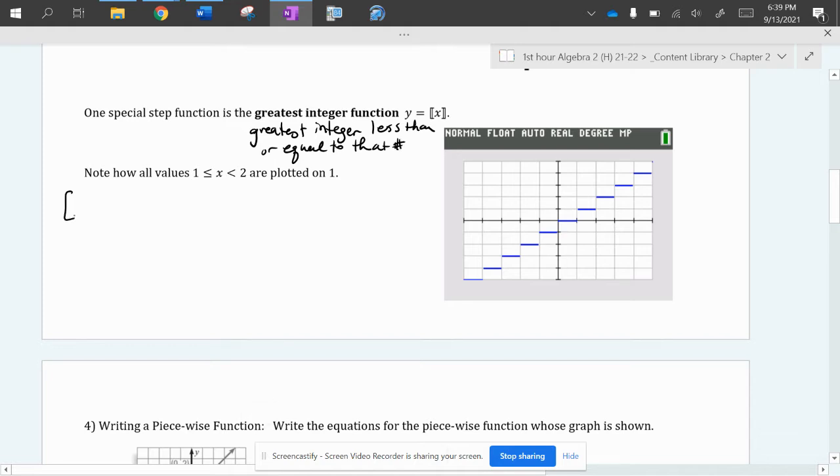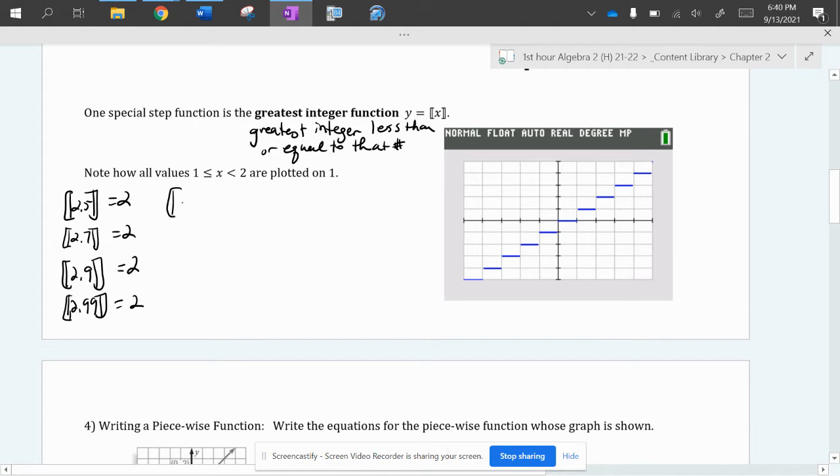So, for example, the greatest integer of 2.5 is 2. 2 is less than or equal to 2.5. The greatest integer of 2.7 is also 2. The greatest integer of 2.9 is also 2. And even the greatest integer of 2.99 would still be 2, the greatest integer that is less than or equal to those numbers.